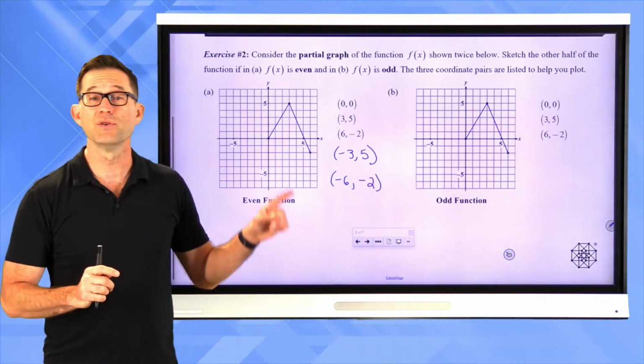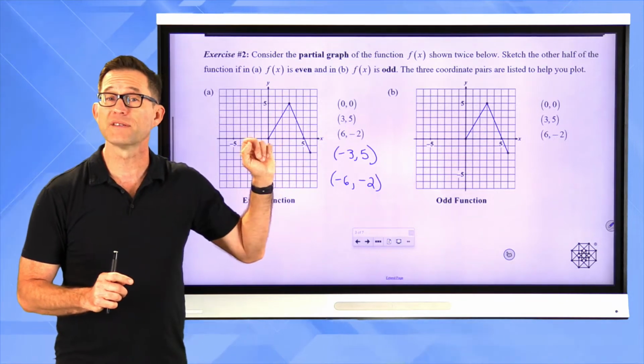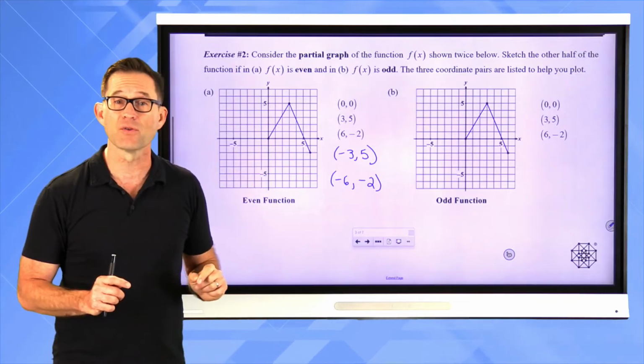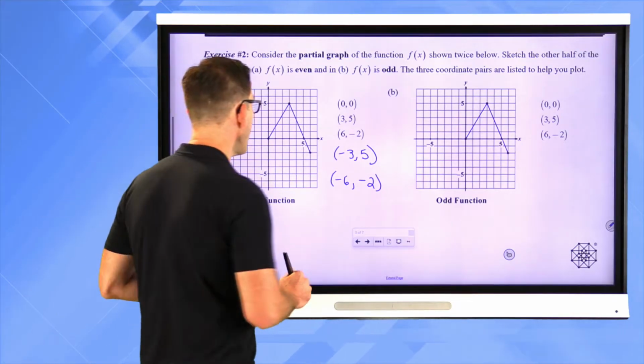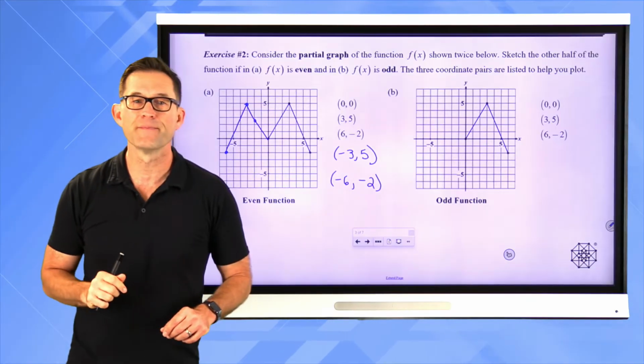So as soon as I change the sign of the x's, the y's have to remain the same. Opposite inputs give me the same output for an even function. Now I can easily plot that. I can go to negative 3, positive 5. I can go to negative 6, negative 2. And I can draw that in, and I get an M shape in this case.